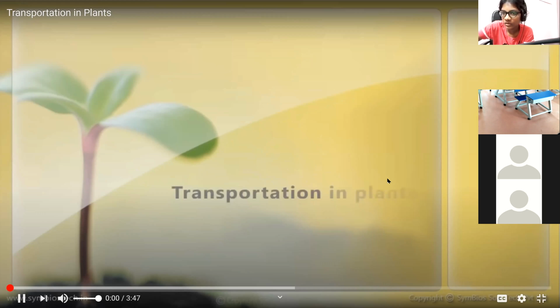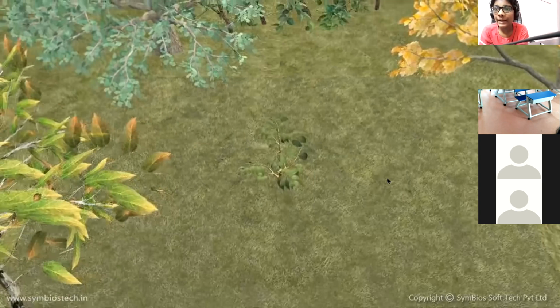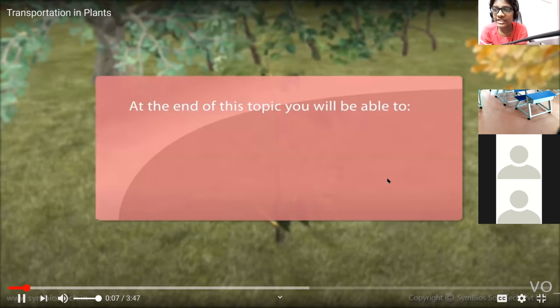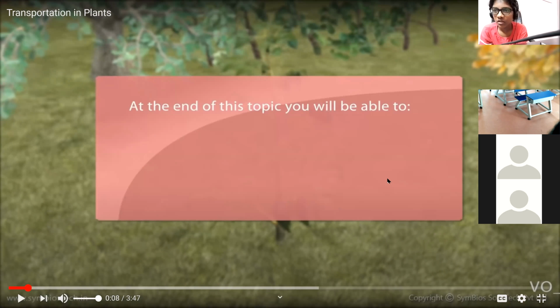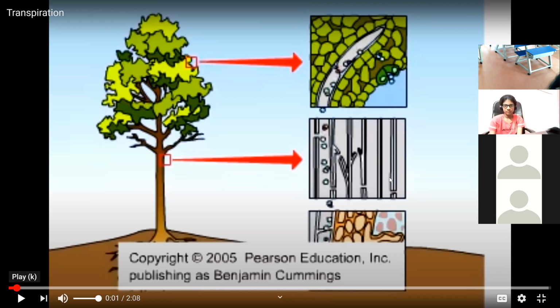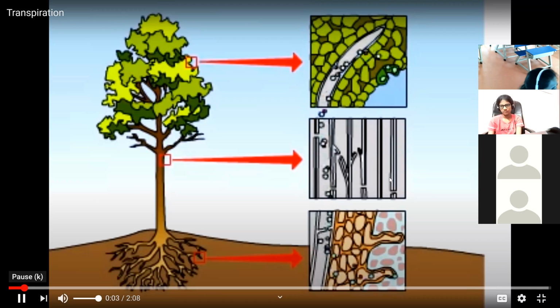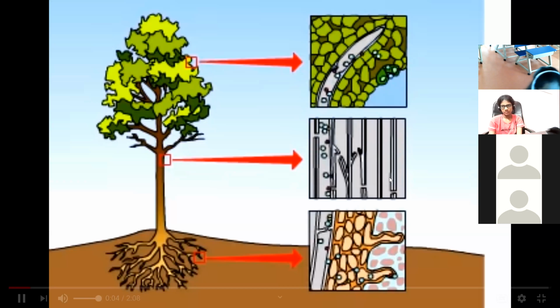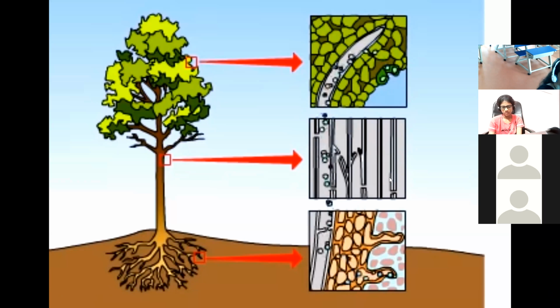Transportation in plants. At the end of this session, how do water and minerals get to the leaves? Although roots can exert a slight upward pressure, it is evaporation of water from leaves, a process called transpiration, that moves water molecules and ions up from the roots.